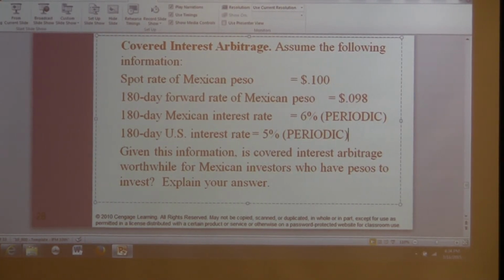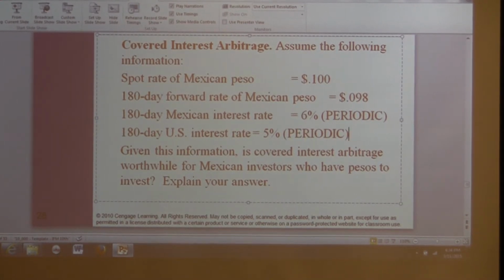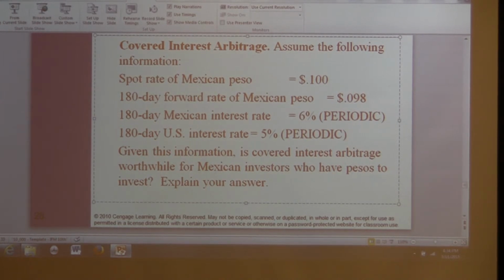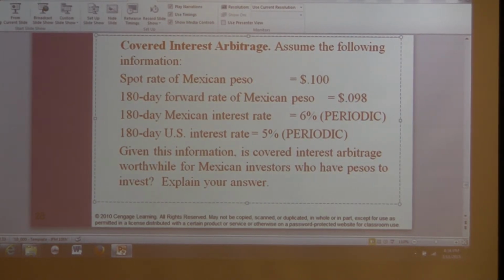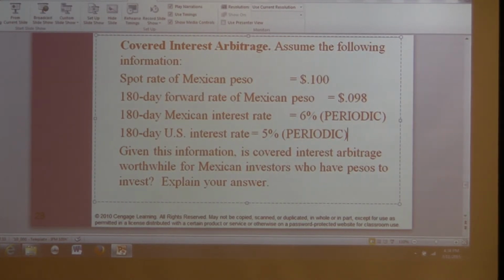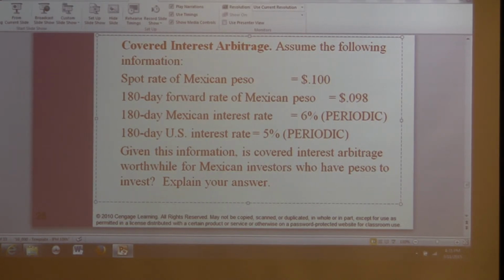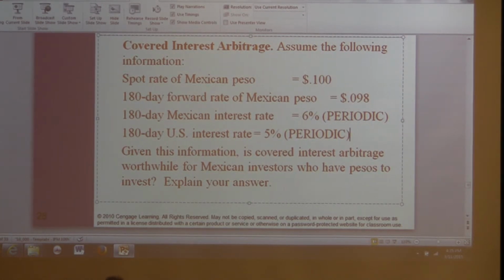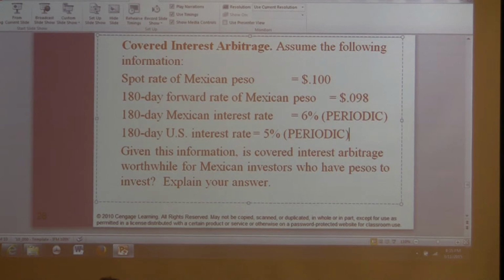So the market price is 10.2. So now what we want to see is, we want to use the formula to find out the price, okay? So based upon the formula, that is 1.06 divided by 1.05, okay? So if you are in Mexico, the home interest rate is the Mexican interest rate, and the foreign interest rate is the US interest rate, okay?